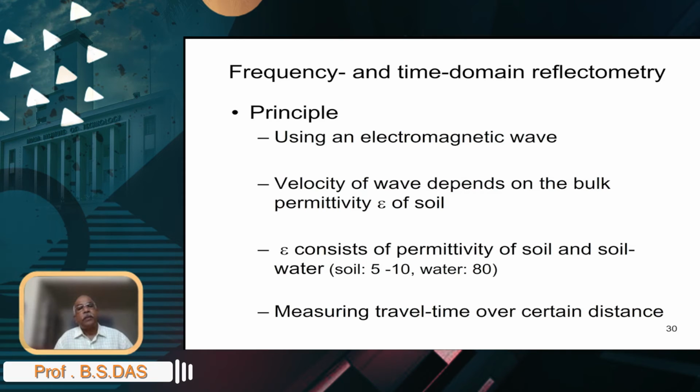it would show you a change in its polarization characteristics. The velocity of the electromagnetic wave would depend, as water being a dielectric material, on the bulk permittivity of the soil.